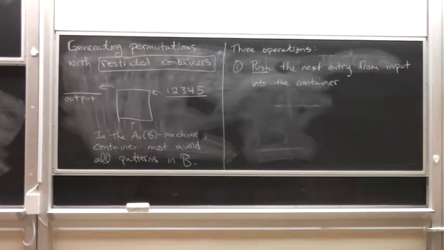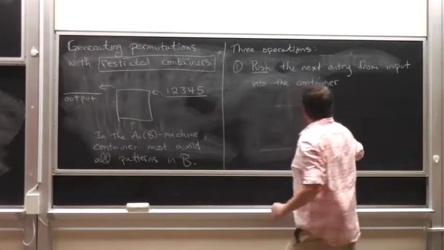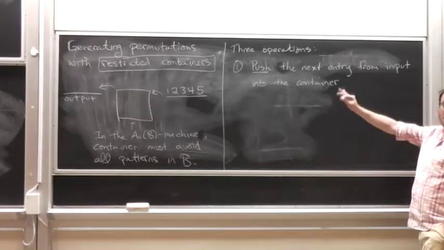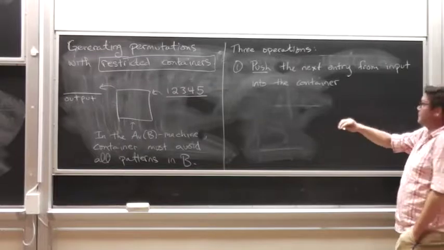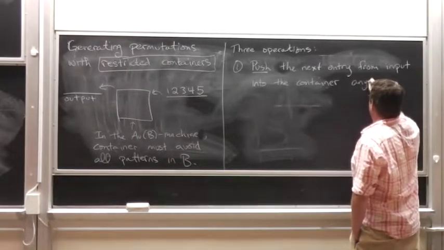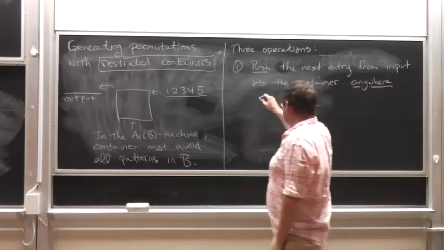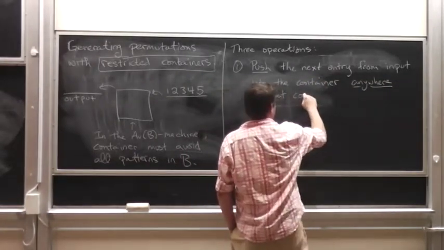With the queues, we made a rule that you have to pick which queue you were putting into, and it had to go in the back. Here we're going to make the rule that the container holds a subpermutation, and you can push this next entry into the container anywhere you want, so long as what's in the container still avoids B. That's the key thing.